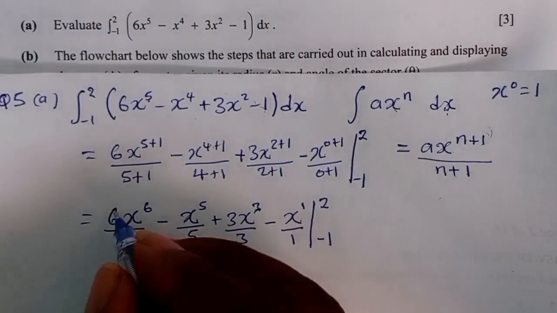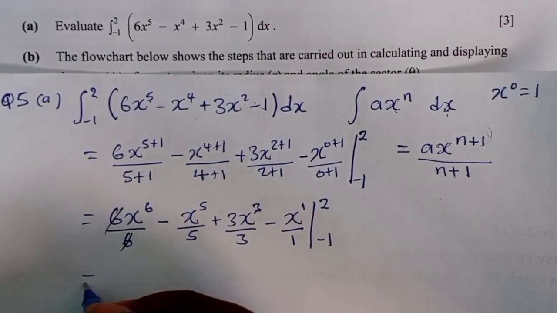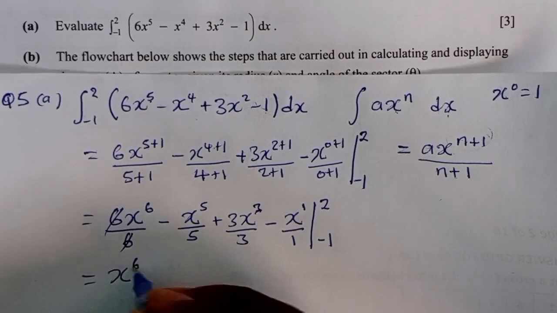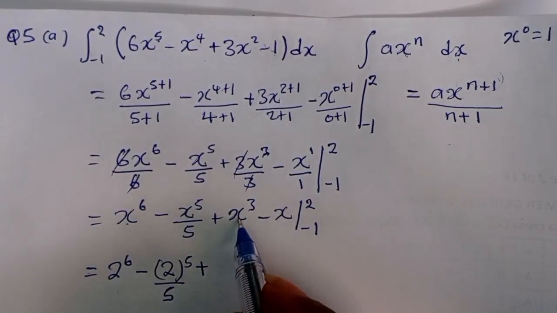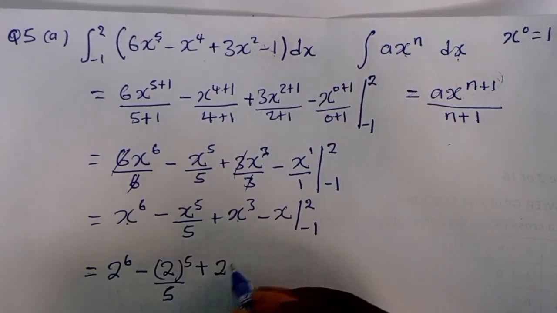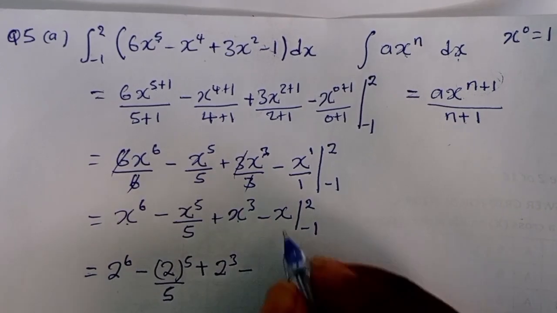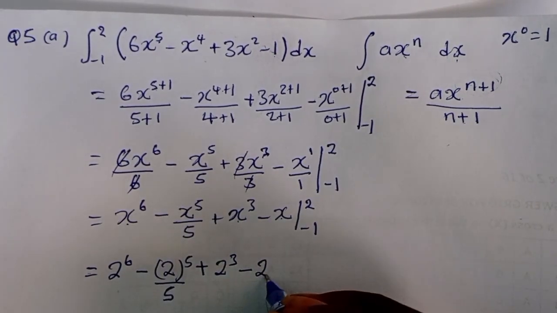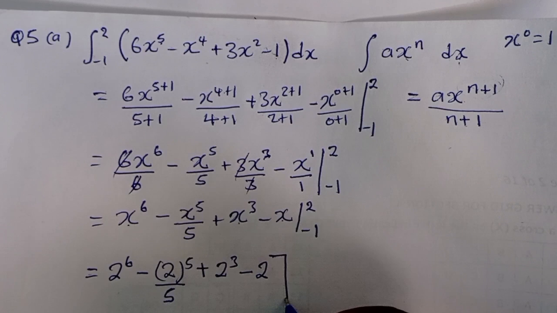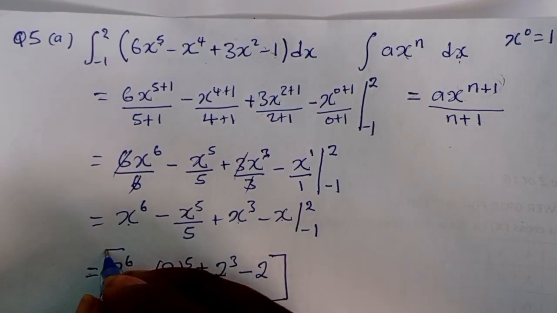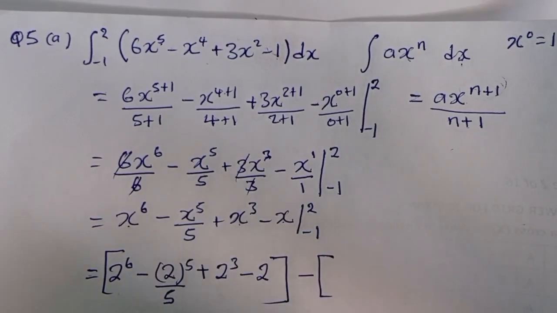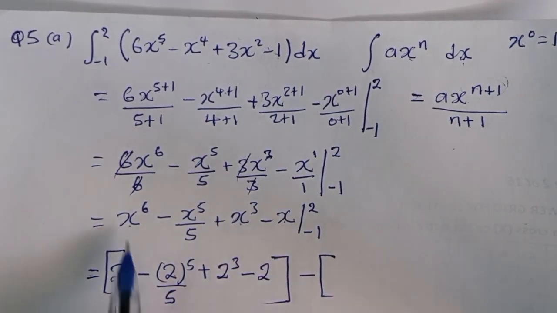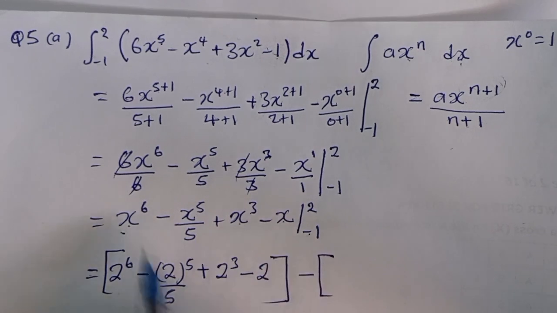So 6 and 6 go, and we remain with x to the power 6 minus. Where there is x, we substitute 2. So it will be 2 to the power 6, for the upper limit, minus. Again, where there is x, we substitute the lower limit, which is negative 1.